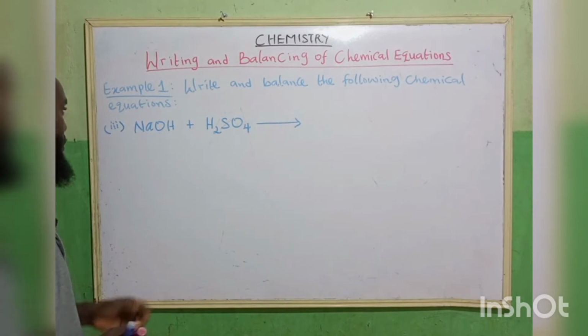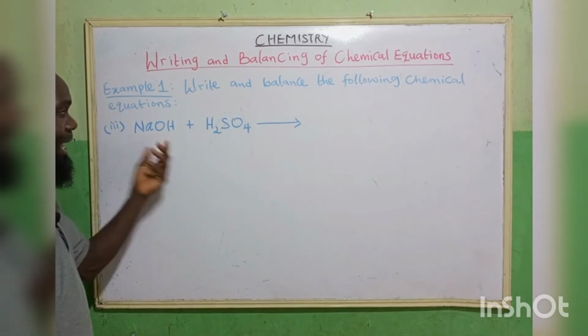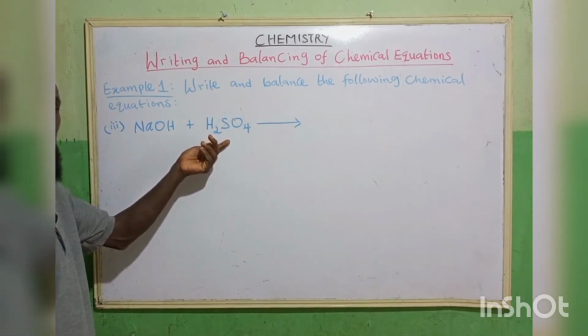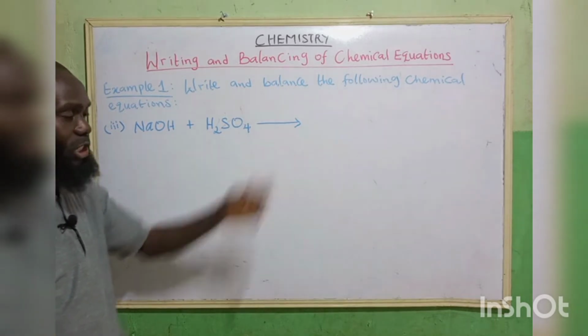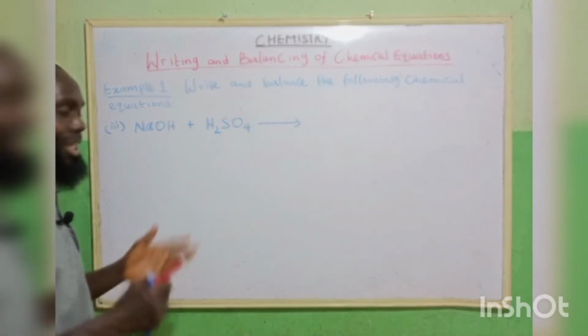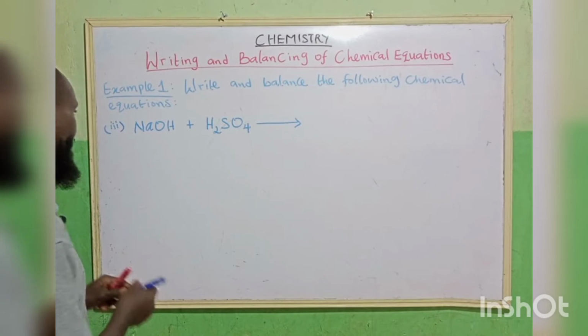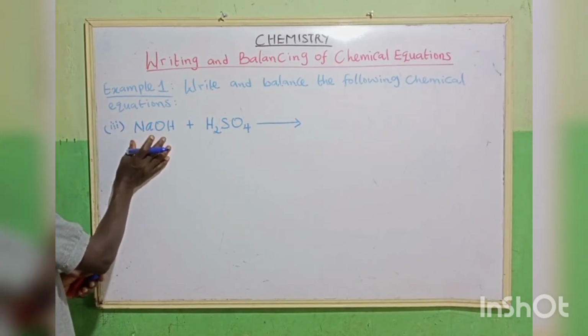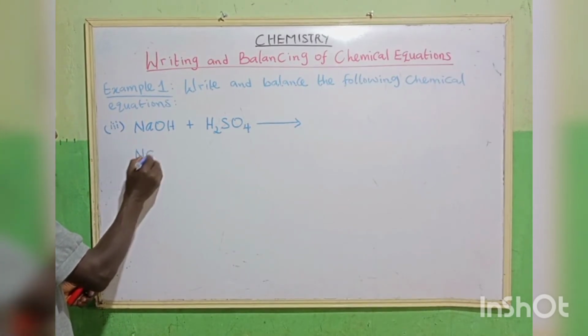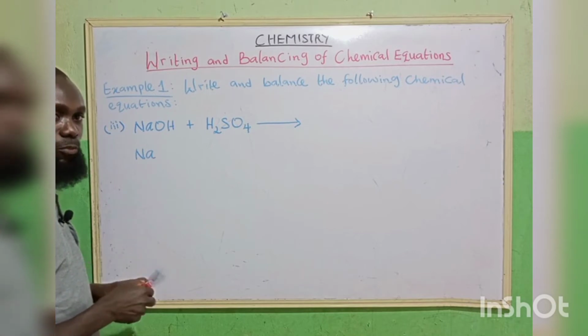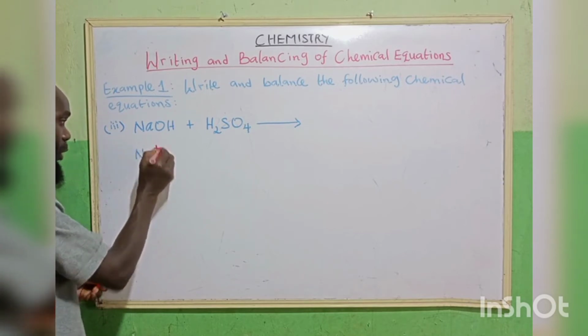Next question. Sodium hydroxide reacts with tetraoxosulfate(VI) acid. What is going to form here? Now, let us dissociate this as well. We have sodium with a charge of positive, as we all know, plus 1.